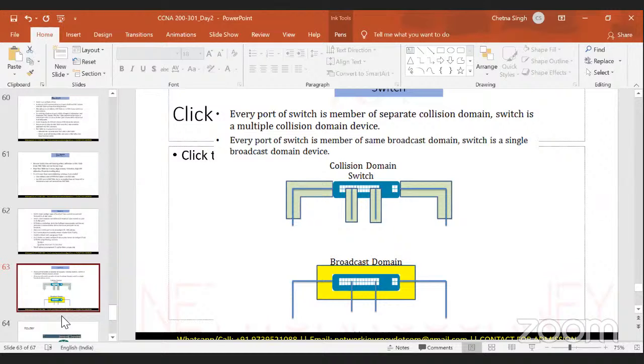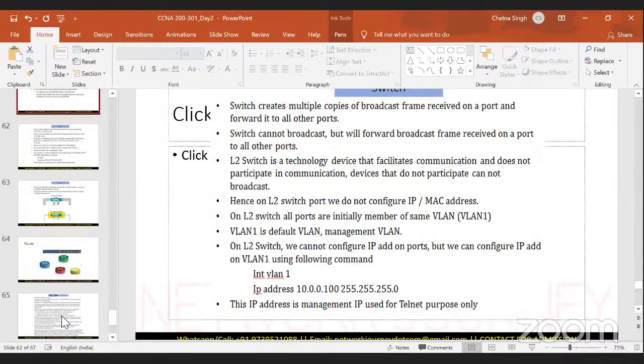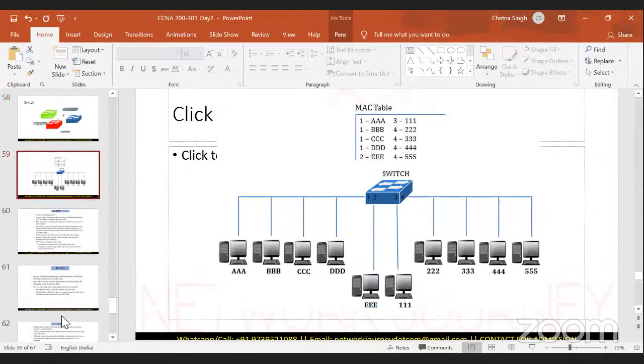However, it will not forward a collision happening on one side due to multiple PCs talking at once. Yesterday we saw that under port 1 there were 4 devices connected, under port number 2 there were 2 devices, and under port number 4 there were 4 devices.